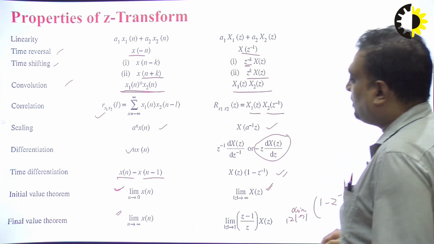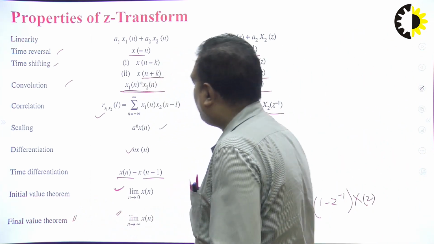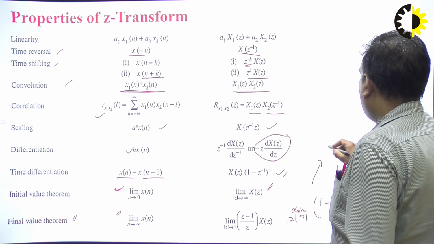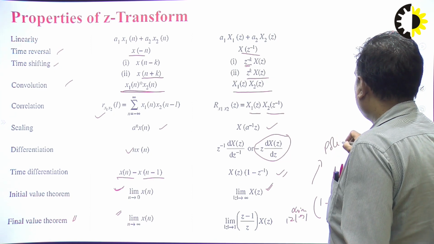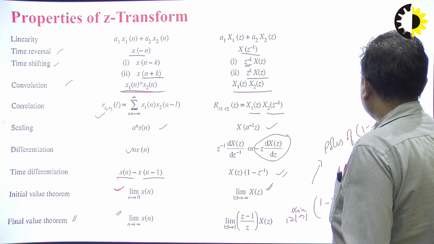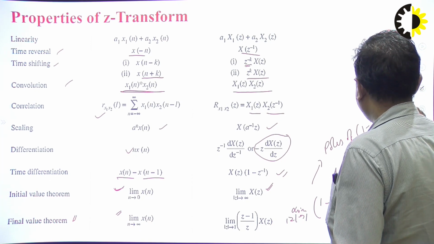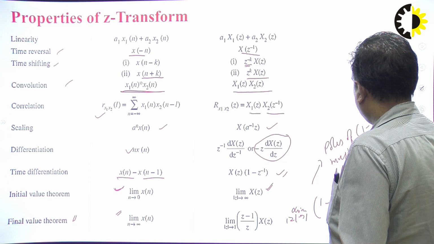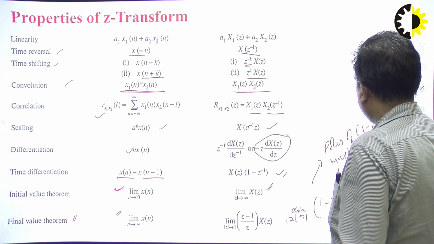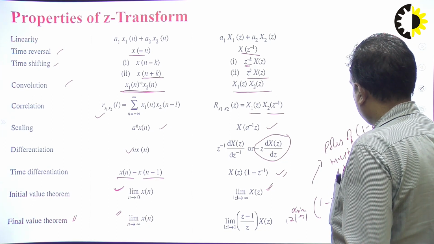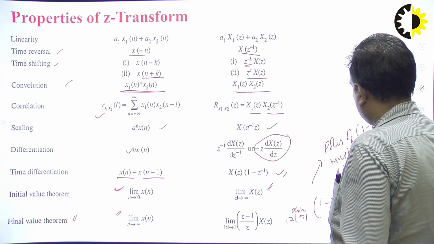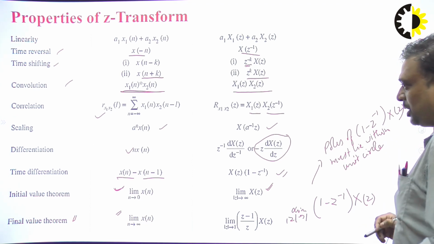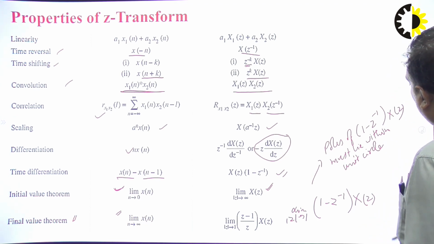But the important thing for applying the final value theorem is that it can only be applicable when the poles of (1 minus z to the power minus 1) X(z) lie within the unit circle.